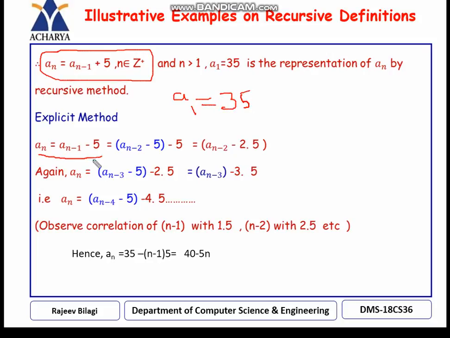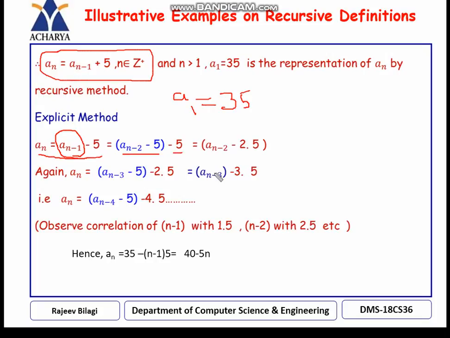Now we shall find the given sequence an explicitly. We need to use the given recursive relation repeatedly. So an is equal to an minus 1 minus 5; instead of this an minus 1, I can write it as an minus 2 minus 5, and this minus 5.